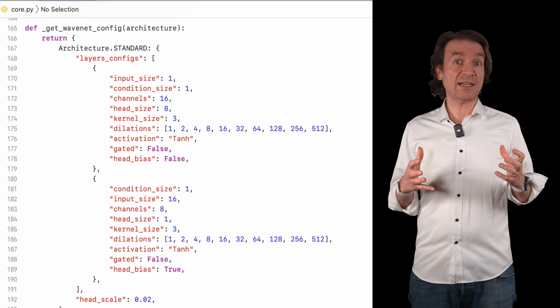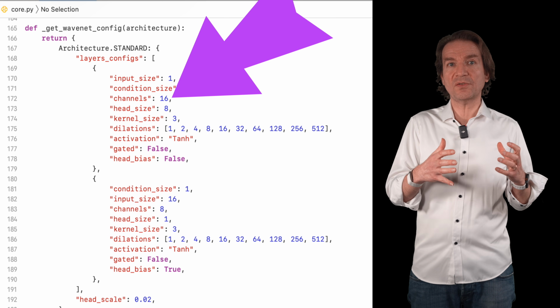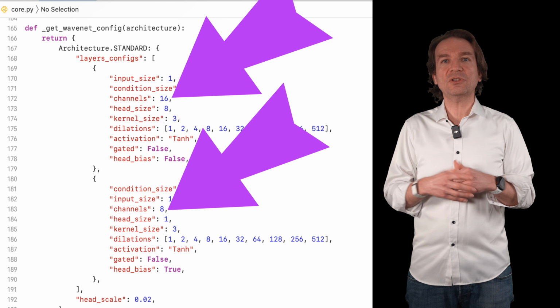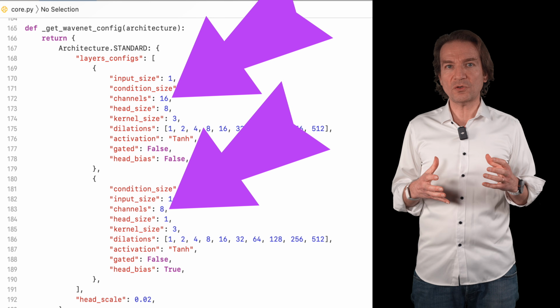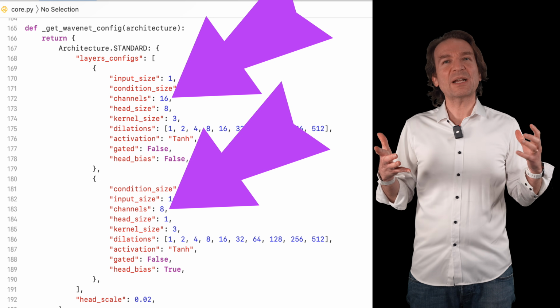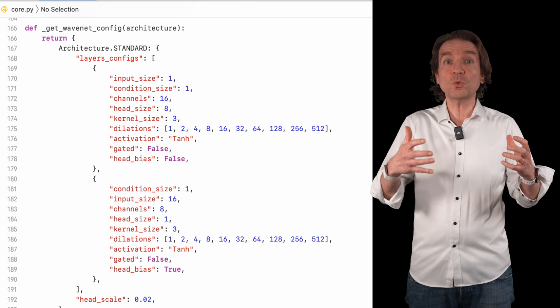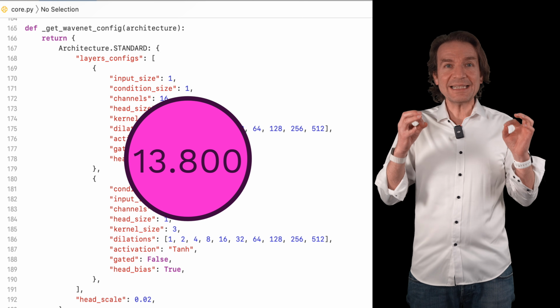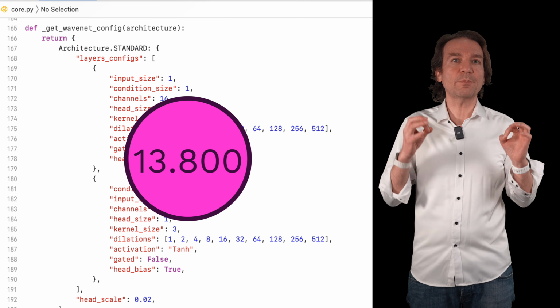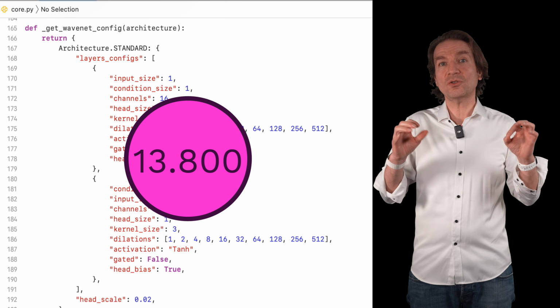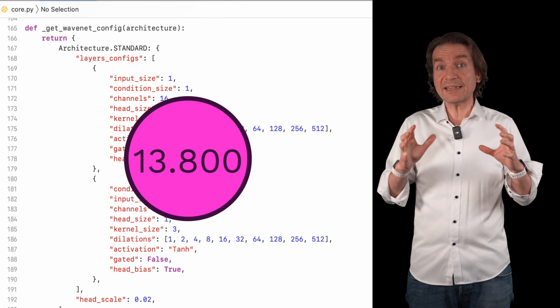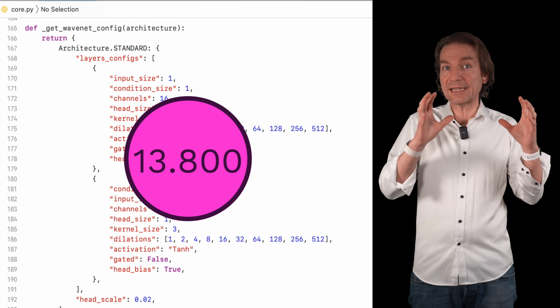The A1 standard architecture uses 16 channels for the first layer and 8 for the second one, with a kernel size of 3. This, plus other parameters that would be too complex to explain here, leads us to approximately 13,800 parameters, which is the actual dimension of our profile. This is exactly why NAM offers different architecture tiers.